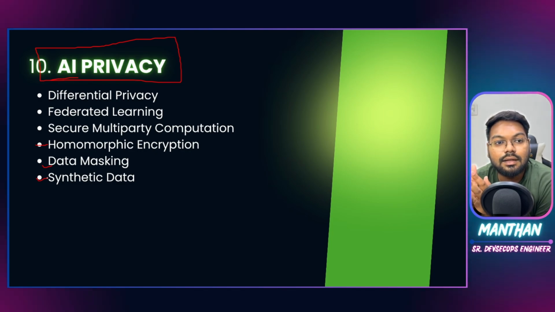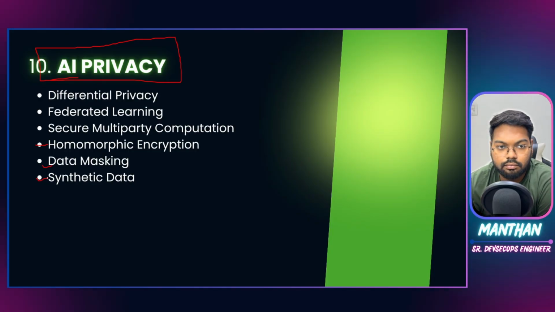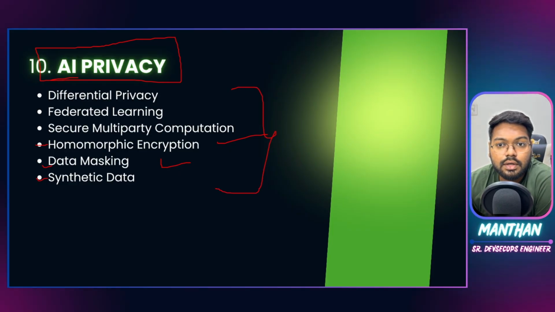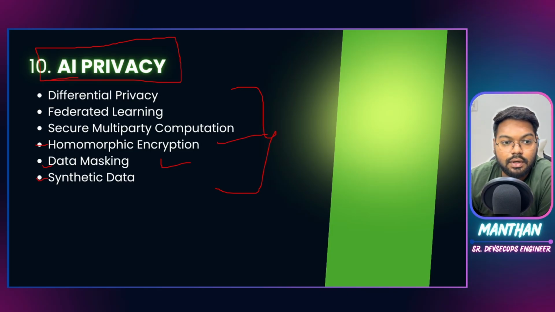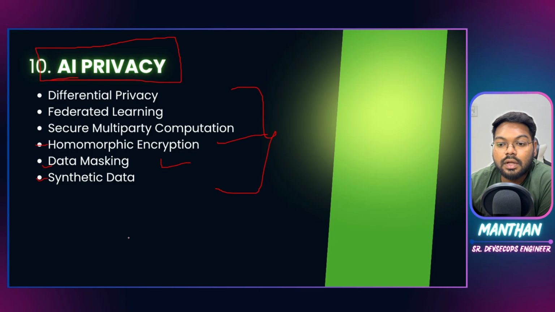So these are the different principles that you can use to apply those things. We will be discussing what homomorphic encryption is, what data masking is, and what the other types are in another video, because this is an AI/ML series for security and governance, so we need to learn all of these things.